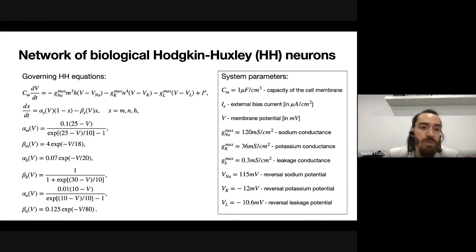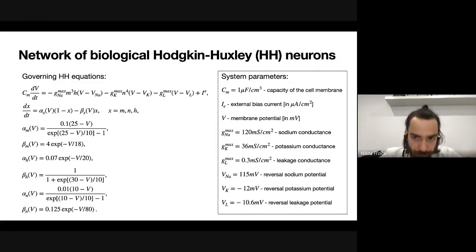Here V is the membrane potential, M, N, and H are the ratios of gating of ion channels, and alpha and beta represent rate functions given in the following form for each of the gating ion channels. As I said before, the set of parameters for this system are given on the slide as well.